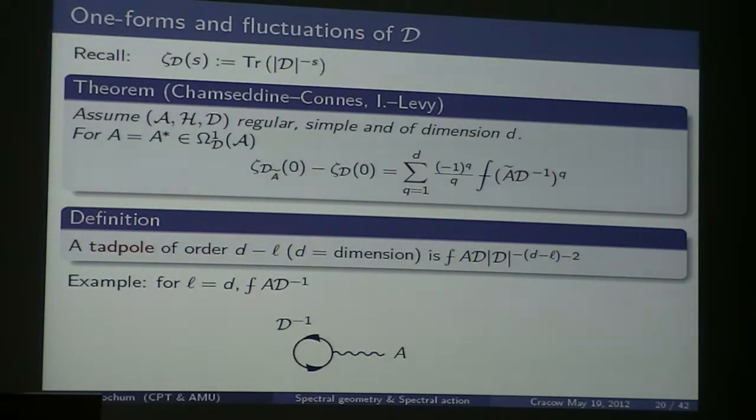But if you look at an example where L is equal to D, this term is 0, so you end up with this simple integral, and you can recognize a fermionic loop associated to D minus 1, and some leg associated to the fluctuation A. This is exactly what you compute with Feynman diagrams, replaced by this strange computation.